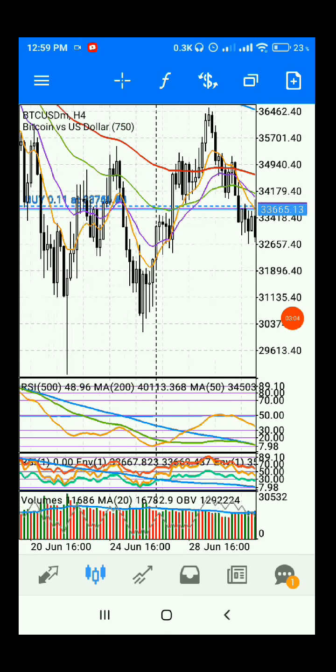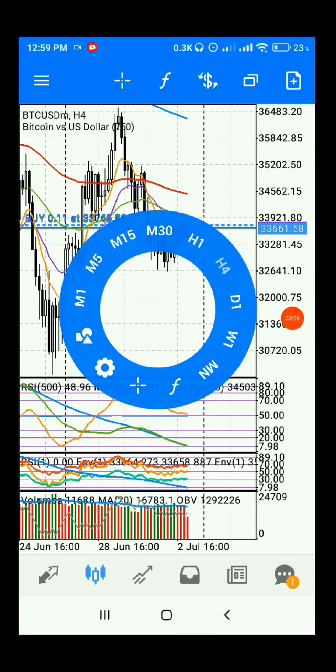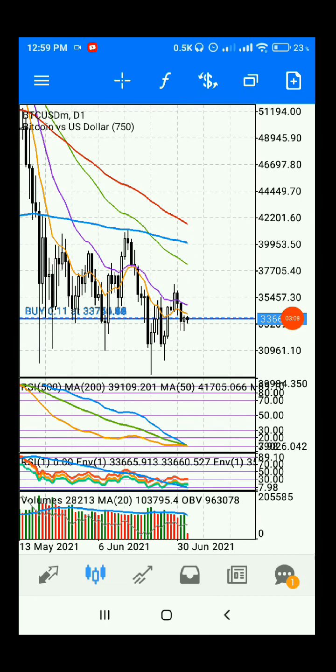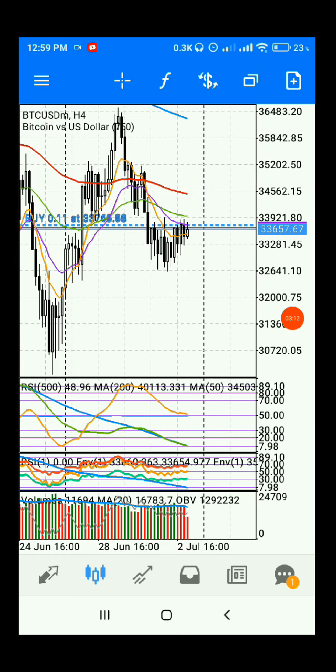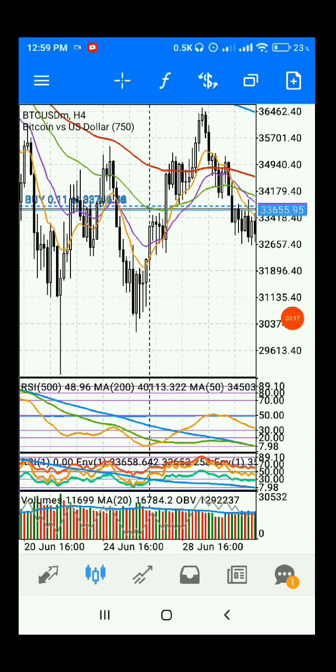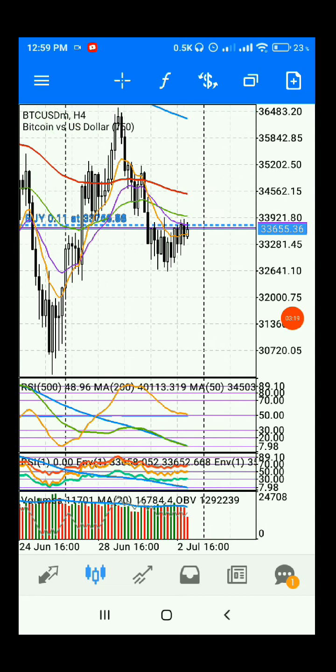What you need to do first is go to a higher time frame like Day one, or you can go for the H4 time frame, and then you have to mark the points, the price structure, or mark the trend line. So here I am doing it.